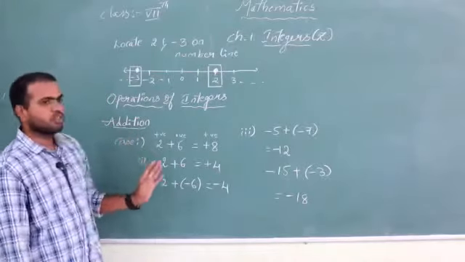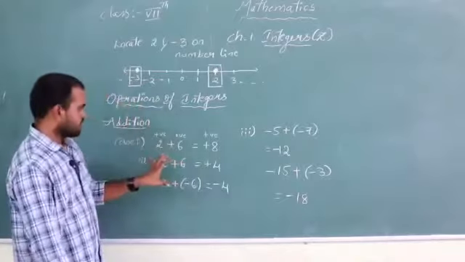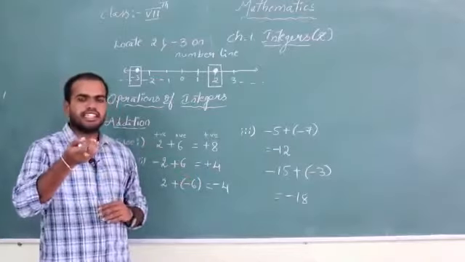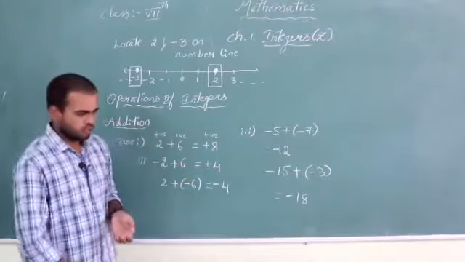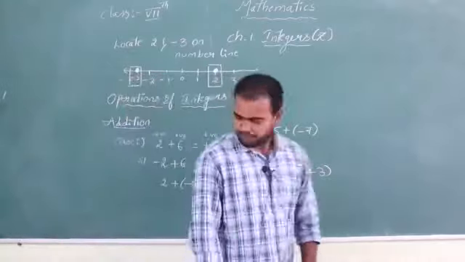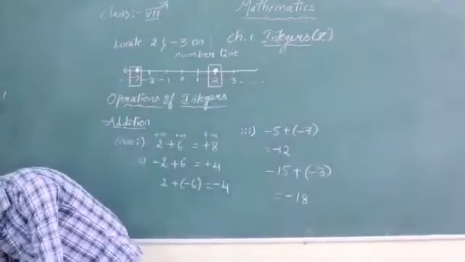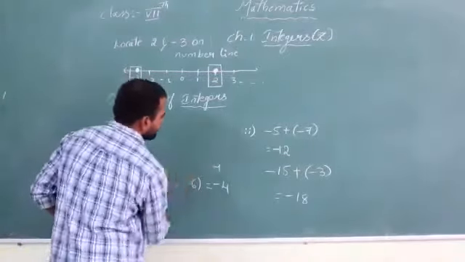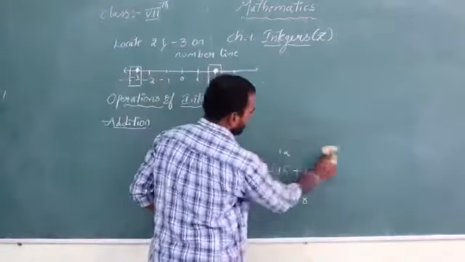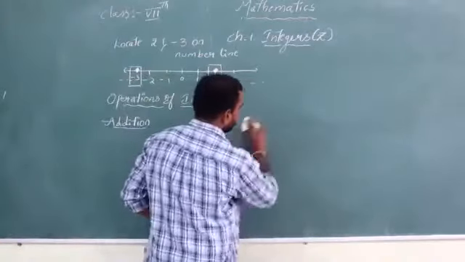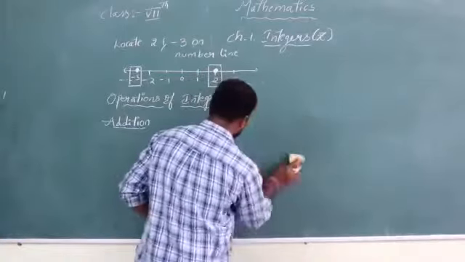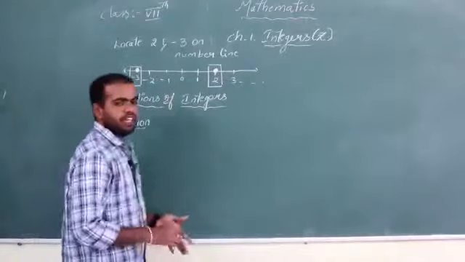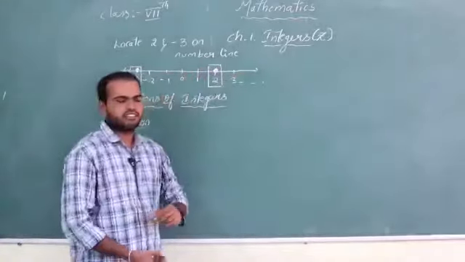Now, how to add the numbers on the number line. We know how to simply evaluate, but how to add the integers on the number line, that we will discuss now. With an example I will explain so that you will understand very clearly.